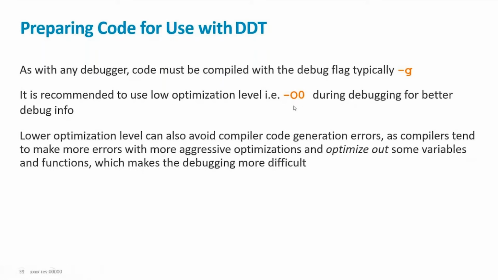This is just to avoid compiler code generation errors, and it can optimize out certain variables. So these are the flags that you use in GDB when you launch. So you add -G and -O naught, O1, O2, or O3, depending on the level of optimization you want.